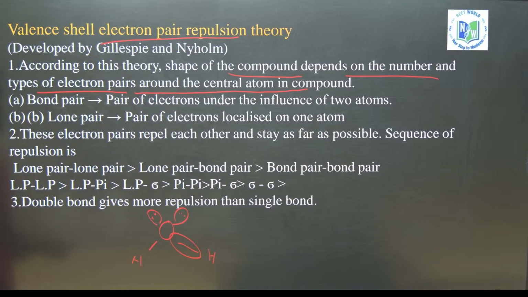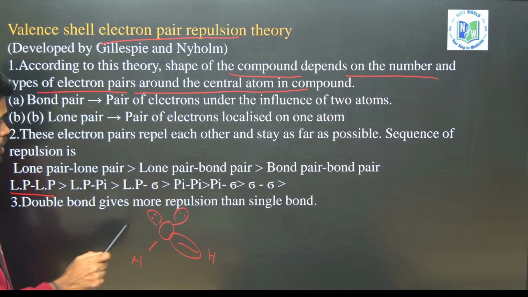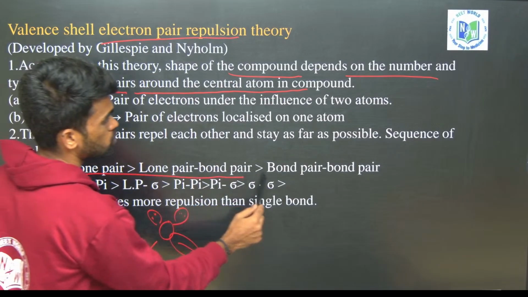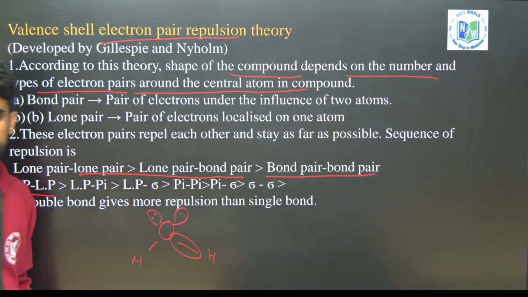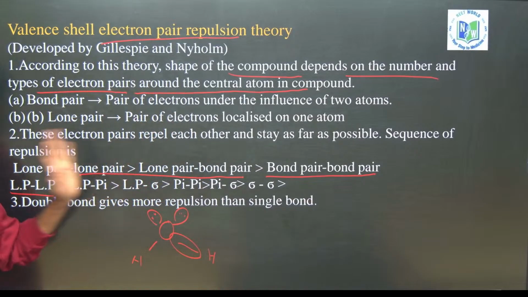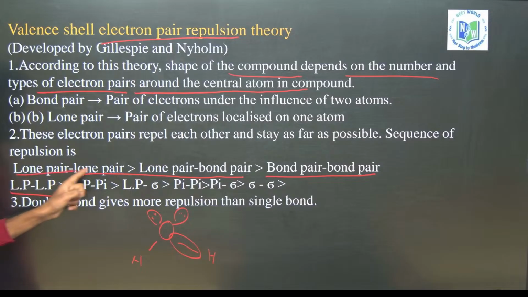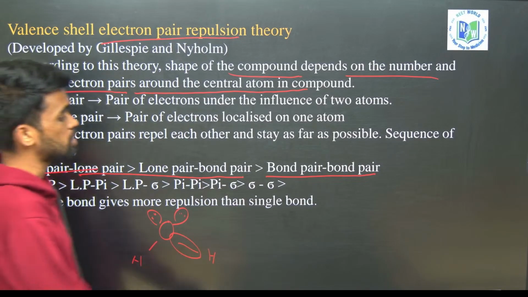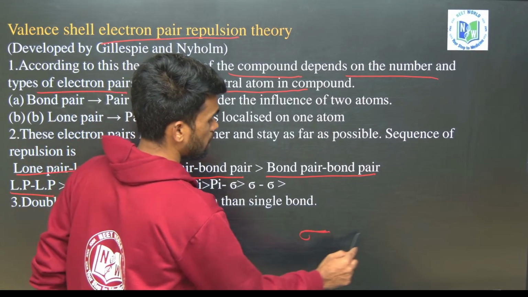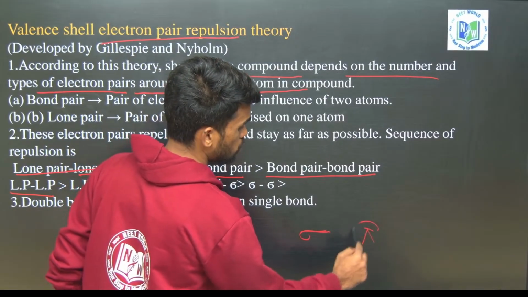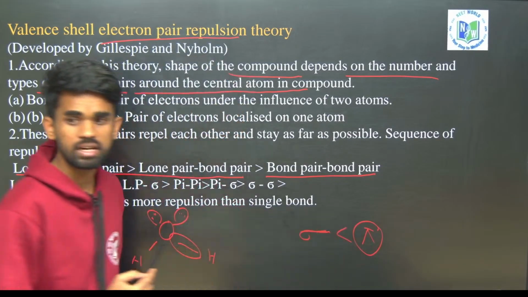Lone pairs will have more repulsion when compared with bond pairs. So lone pair repulsions are more than bond pair repulsions. This is the order you should remember first. Again, we have sigma bonds and pi bonds. A pi bond has more repulsion than a sigma bond.